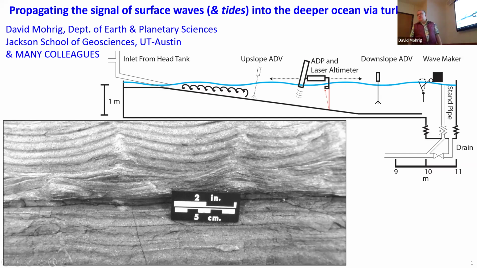This exploration of propagating shallow wave signals into deep water is motivated by an outcrop that I went to first when I was a graduate student at the University of Washington. What it shows are some very symmetrical ripple forms. A lot of people would call these wave ripples, and then thickening, thinning, fining, coarsening, rhythmic-like bedding on top of it.